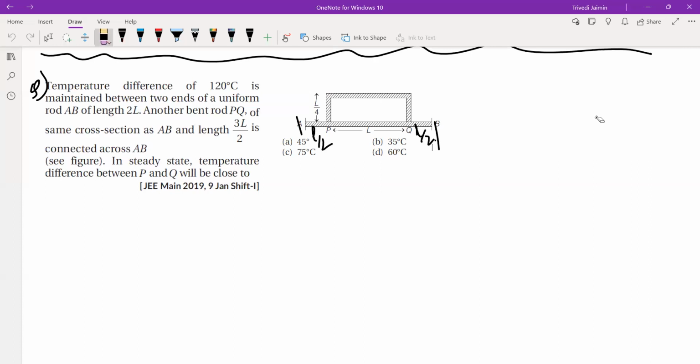Next thing we need to use the temperature. What are the options we have? Celsius, 45, 35, 75, 60. Think with the answer only. We have to just move around this one.